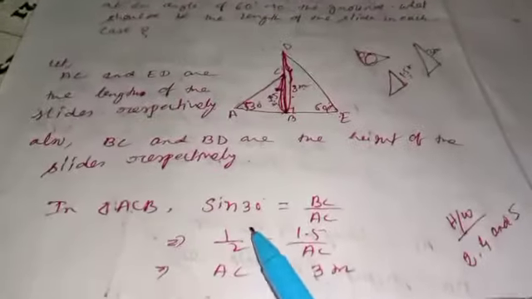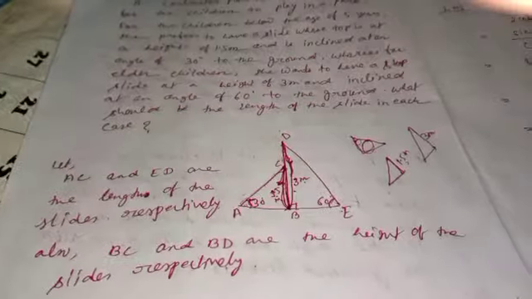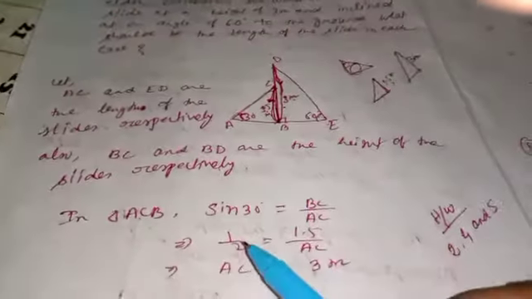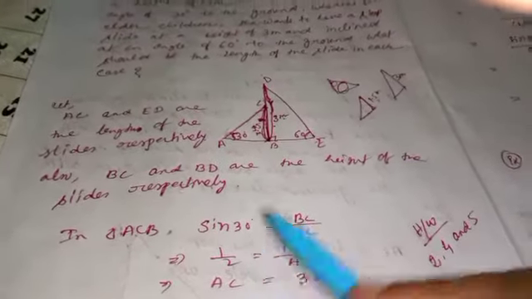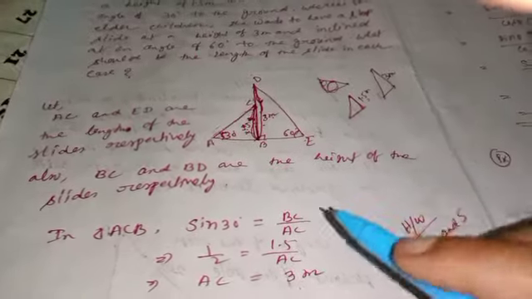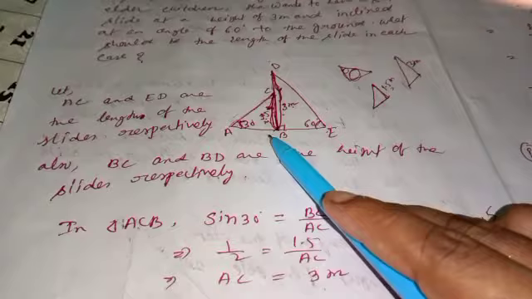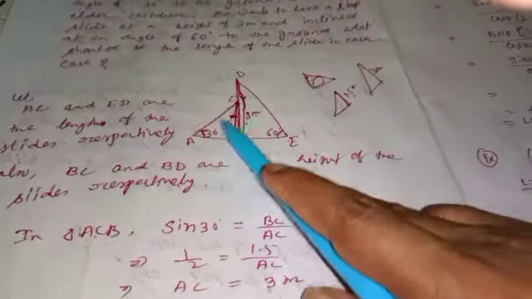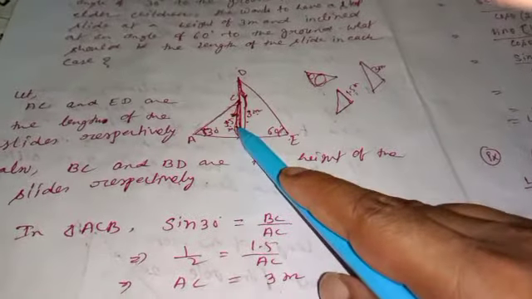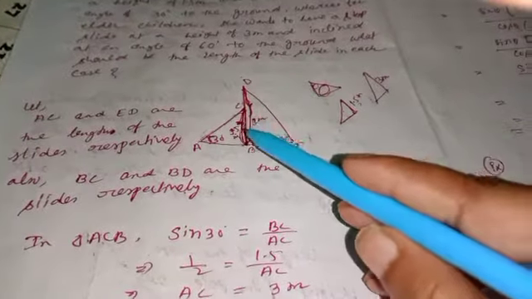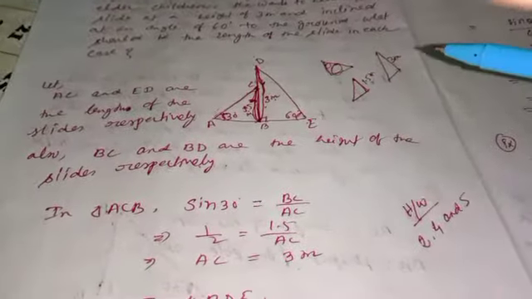See, maybe for question number 1 and question number 2, both the sums I have done by using sine 30. Don't forget that always you will not get the answer with sine. Okay, when you compare this one, sometimes you need these two sides to compare, sometimes these two sides need to compare. In both these questions we need to compare perpendicular and hypotenuse, that is why I use sine 30. Sometimes you have to use cos or tan, means any of the trigonometric ratios.